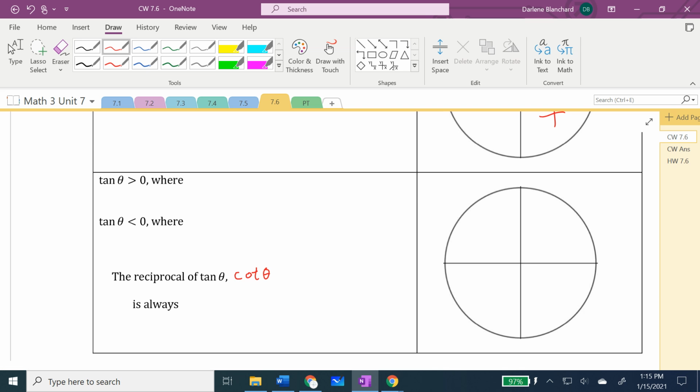So any line that is drawn through the origin, any line through the origin that has a positive slope.